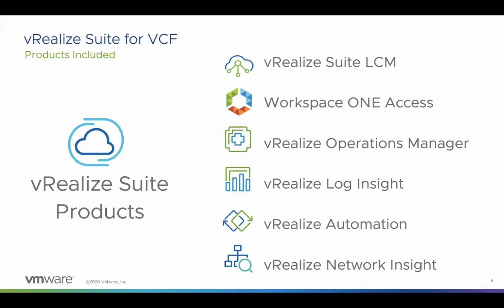And last but not least, vRealize Network Insight, in short VRNI, right? As we discussed about vROps, vROps is mainly a monitoring tool from the capacity and operations perspective, for troubleshooting and performance monitoring.